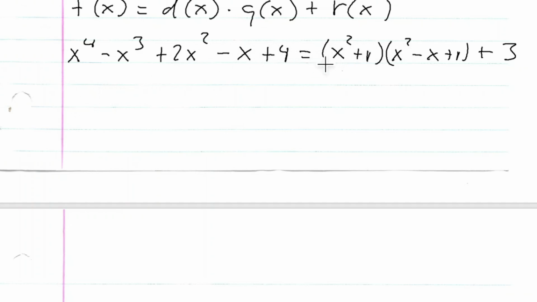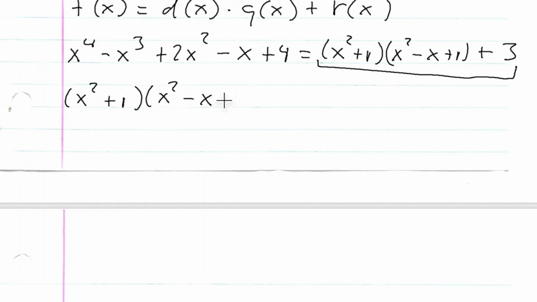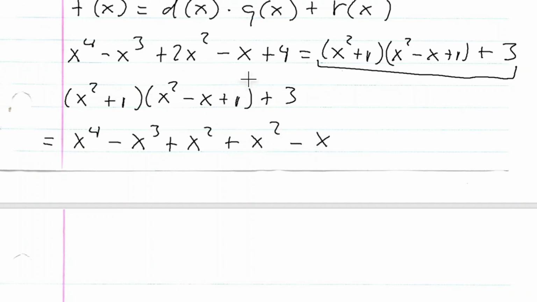Let's go ahead and look at the right-hand side here. This is x squared plus 1 times x squared minus x plus 1 plus 3. That's going to be equal to x squared times x squared is x to the fourth, minus x cubed, plus x squared, minus x plus 1, plus 3.